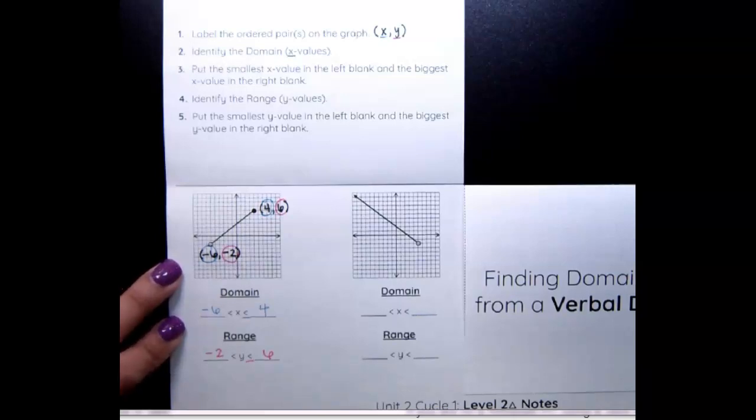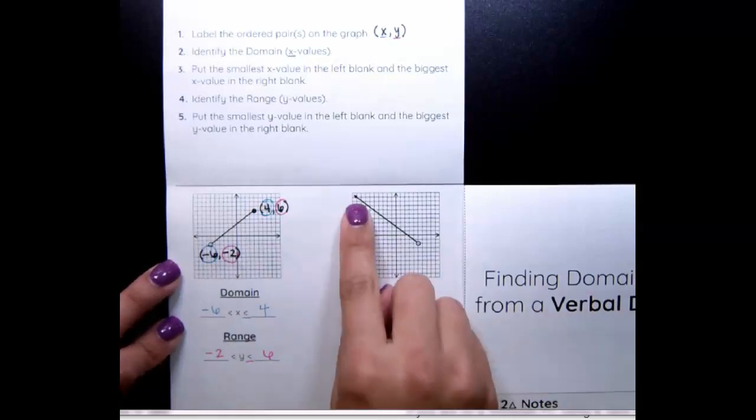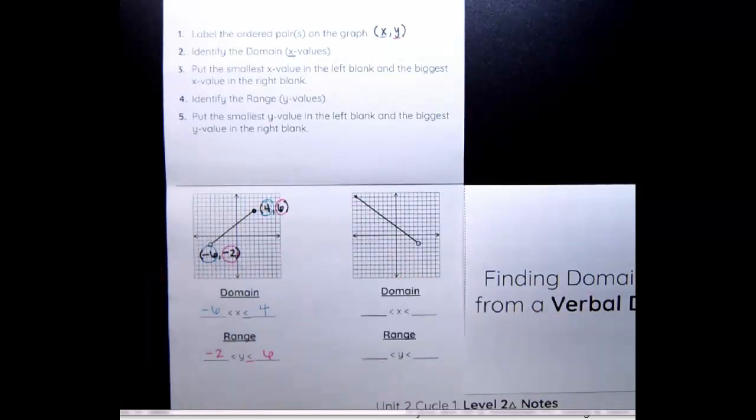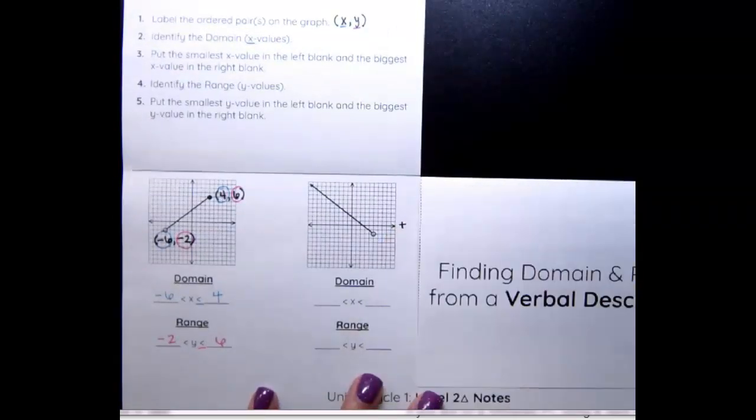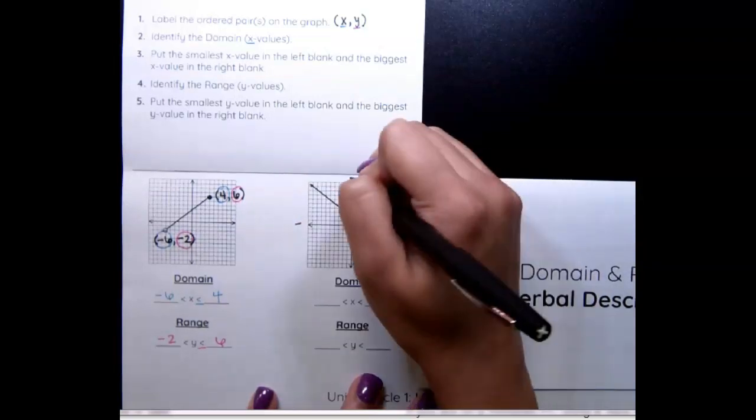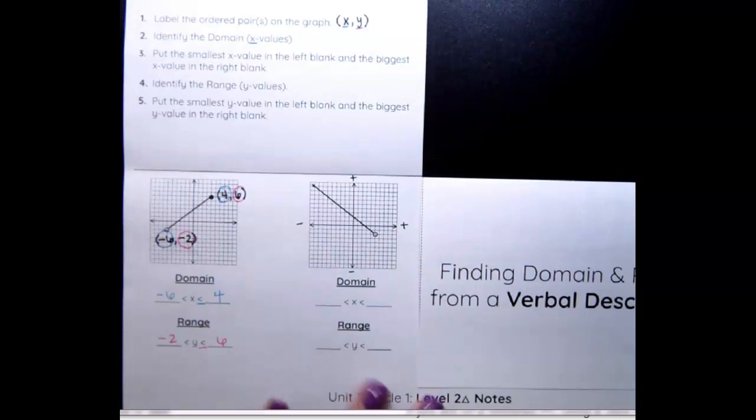Now, the next graph is going to look a little different because this time the second graph has an arrow. It's the same process. When you have an arrow, right is positive, left is negative. Up is positive, down is negative.